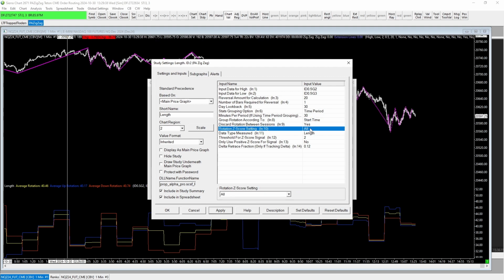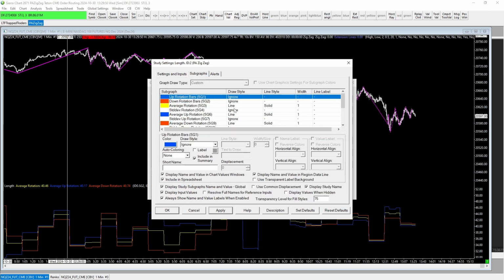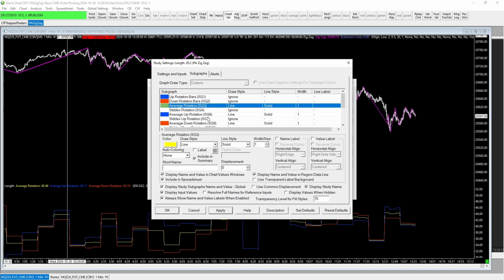We will not look at the z-score setting quite yet, but here we're measuring the length of these rotations in points. And here I have subgraphs turned on. You have a number of different options that you can play with, but to focus on, I have the average rotation, which is your yellow line.